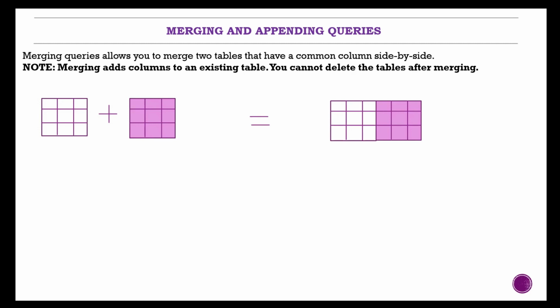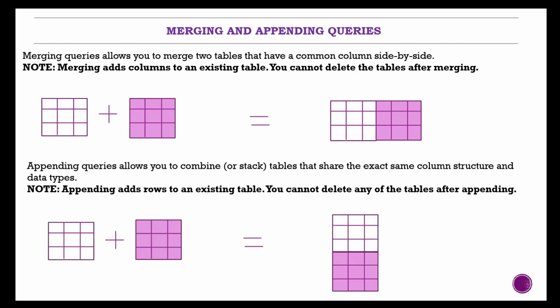I want us to look at the diagram that appears below. This shows 2 different tables. We have the one that is not colored and we have the one that is colored. When you merge these queries, you'd have the 2 tables side by side. Now, appending queries allows you to combine or stack tables that share the exact same structure and the exact same data type.